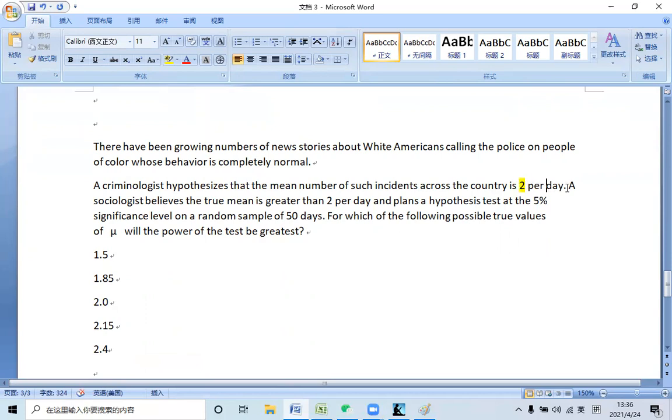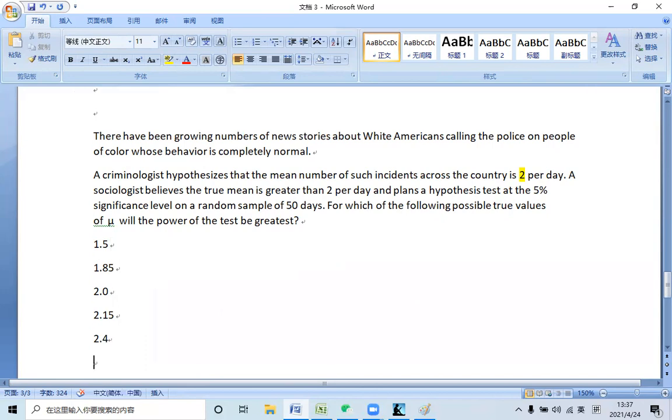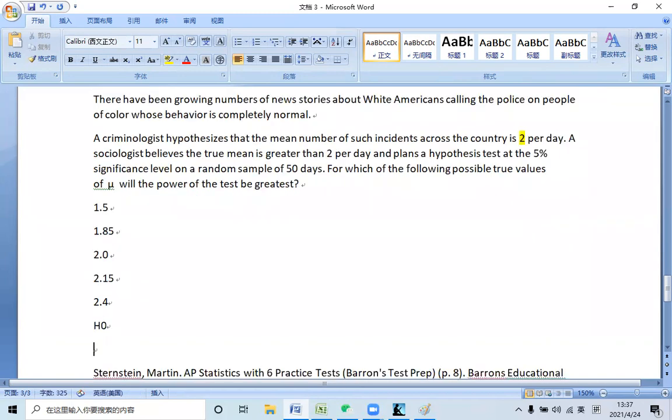So basically, you want to figure out what is the research hypothesis, what is the null hypothesis versus the alternative hypothesis.